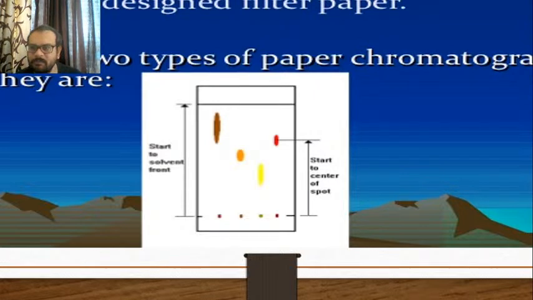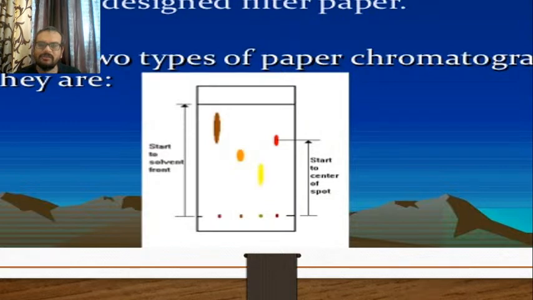There are a variety of Whatman papers, but Whatman papers of certain number series can be effectively employed in paper chromatography. Now this last sample is more soluble in the mobile phase as compared to its affinity towards the stationary phase, and that's why it is carried a longer distance through the stationary phase as compared to the yellow sample.